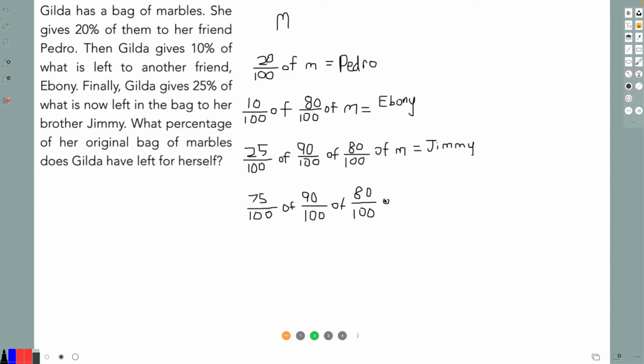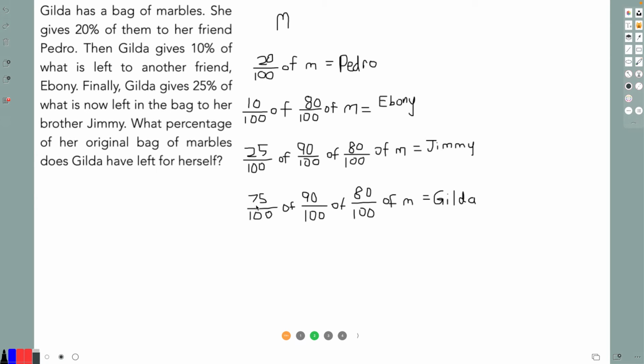of M, and that's equal to the amount that Gilda has to herself remaining after she gave the number of marbles to her friends. And so this is the percentage of the number of marbles remaining after she gave it.